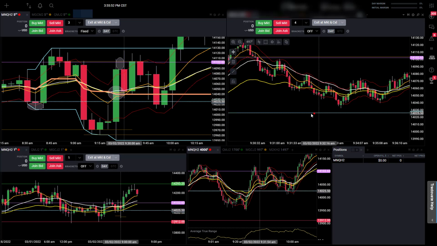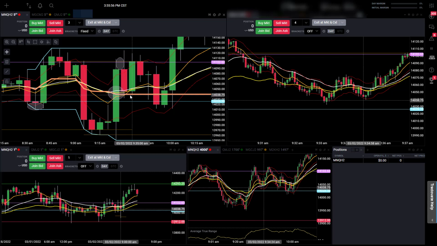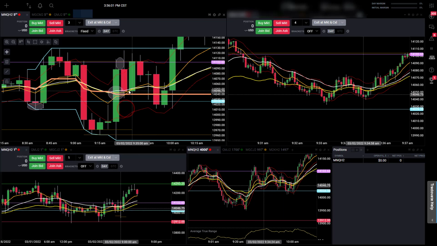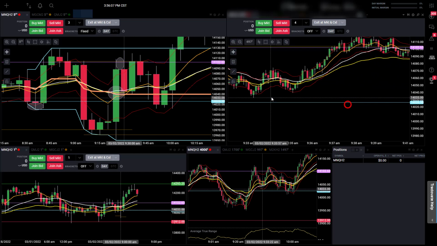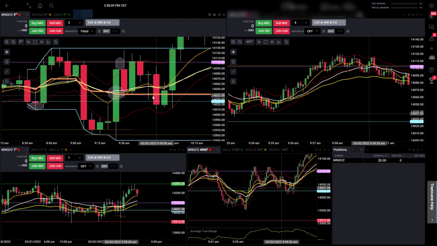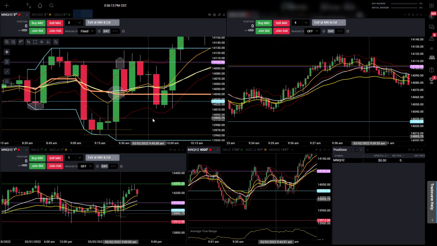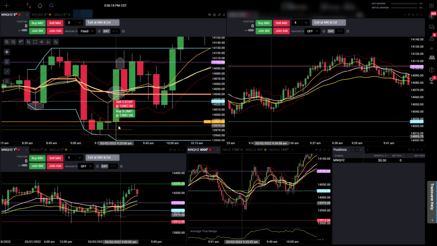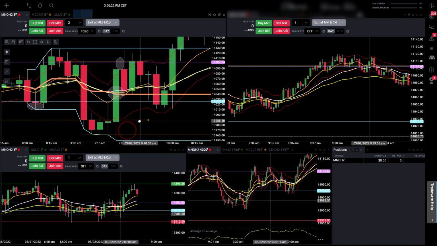Now, if we look and see here, as long as the 50% held up, then the thesis that it was going to take out the high, for me, still held. The second that it closed, or started closing below it here, is where that thesis is, okay, the 50% is going to break, so I have this level right here of this candle, which is my level that I'm watching to hold up.